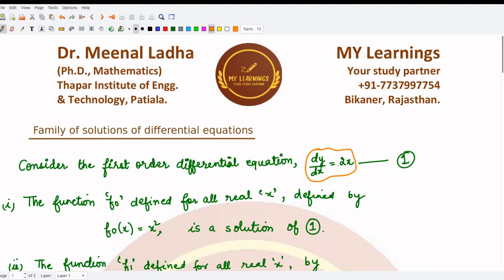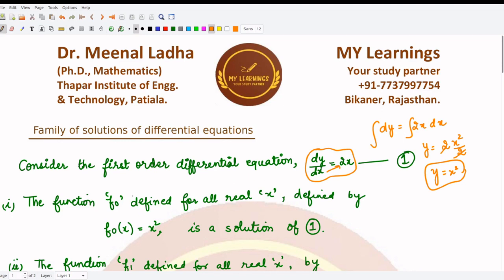You can shift this dx to the right hand side so that you obtain dy is equal to 2x dx, and then you can integrate on both sides to obtain y is equal to, here it would be 2, here it would be x square upon 2, correct? So by simple integration you obtain y is equal to x square as its solution.